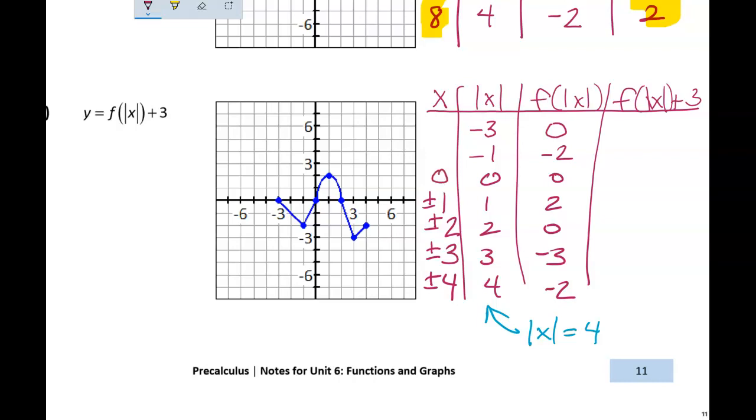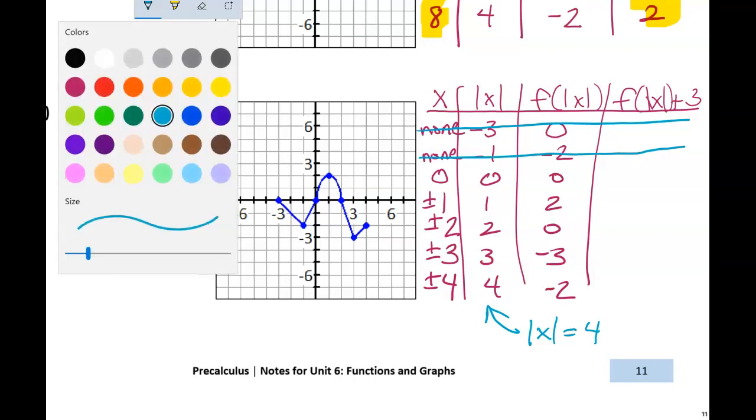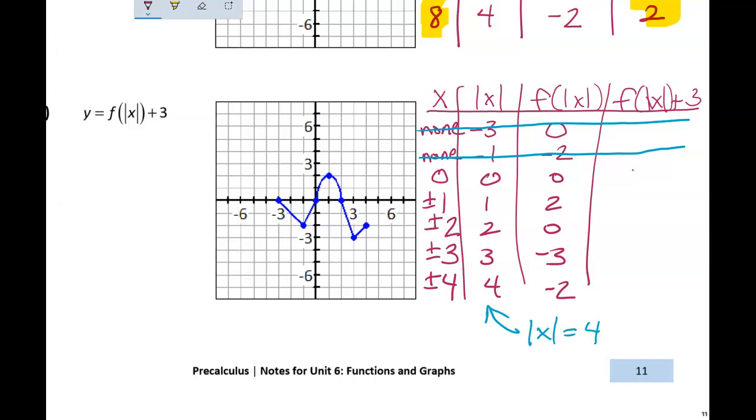When the absolute value of x is -1, there is no possible x value, nor can the absolute value of x be equal to -3. All right, now let's actually just go ahead and draw a line through those two entries where we don't have x values because they won't produce anything on the graph. Now we're going to take the y values and we're going to add 3 to them. So 3, 5, 3, 0, and 1.